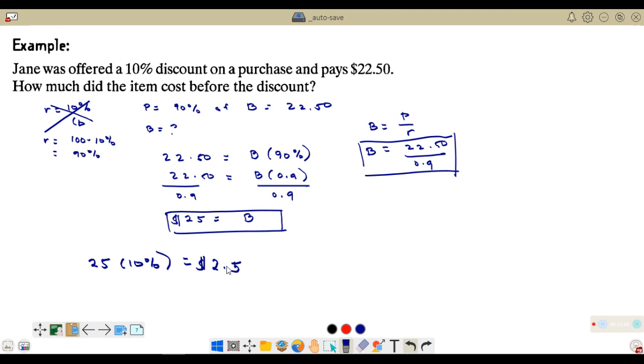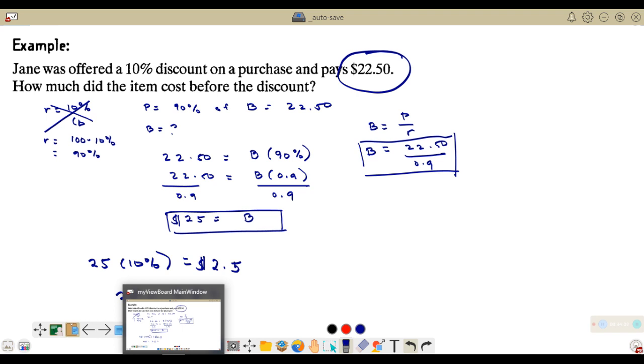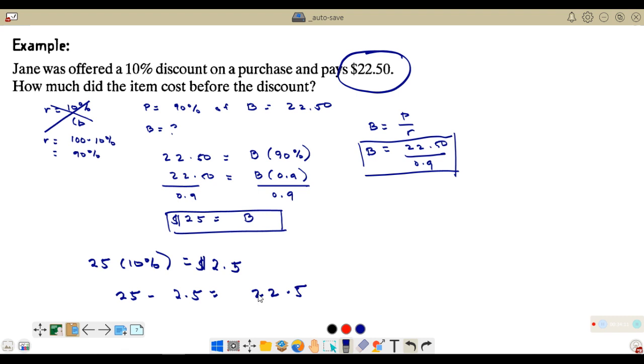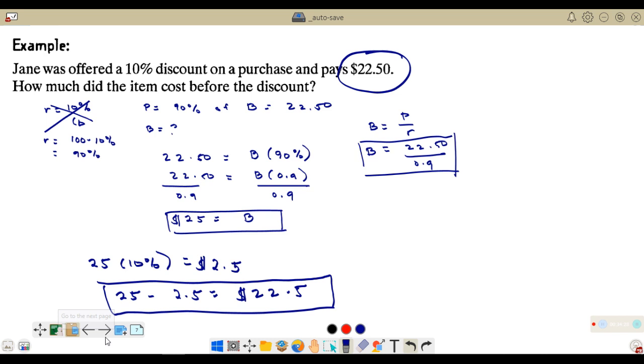Okay. So, itong 2.5, ibabawas natin siya from 25. So, 25 minus 2.5, dapat ang magiging sagot mo ay ito. Tama. We have 22.5 or $22.50. Okay? So, dito, paulit-ulit lang tayo. Lagi lang kayong matutong mag-analyze ng P, B, and R.